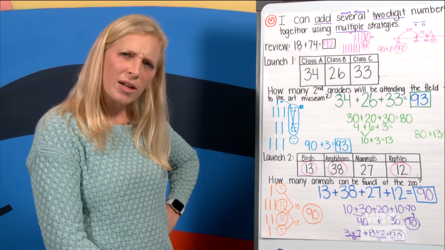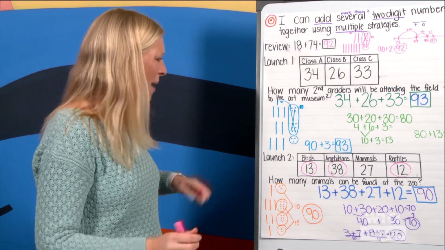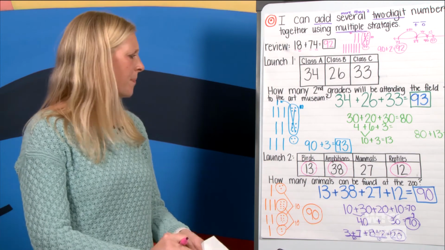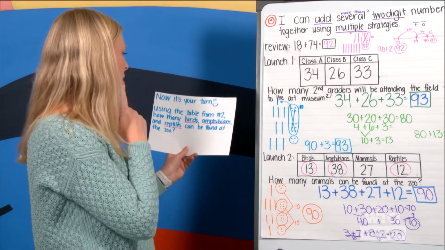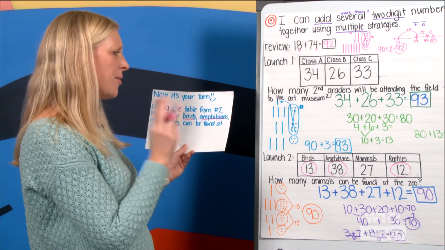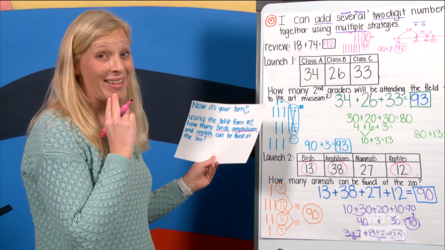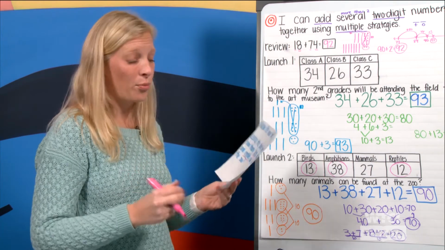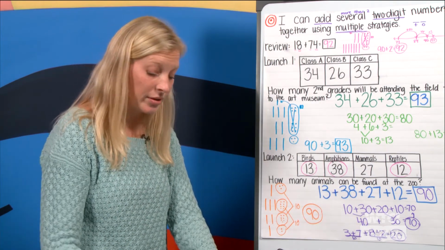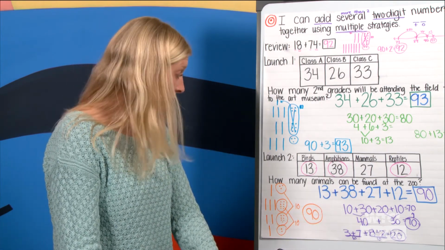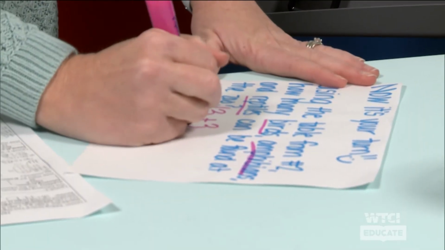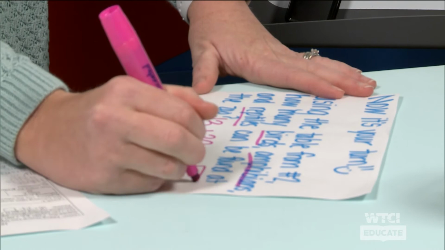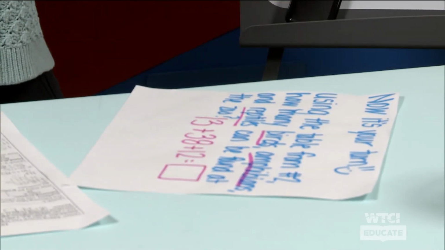So what equation might I write to help me solve this problem? How many birds, amphibians, and reptiles? That's right. I'm only going to have 3 two-digit numbers in my addition sentence. I'm going to have my 13 plus my 38 plus my 12. And I'm solving for the unknown.